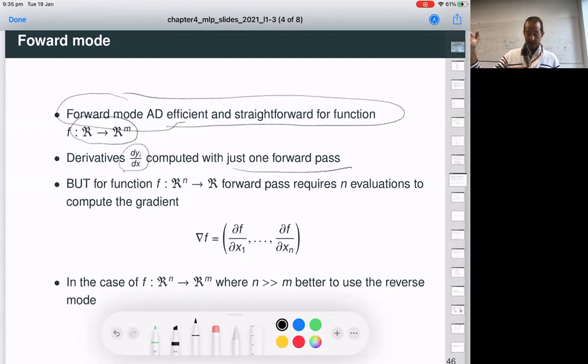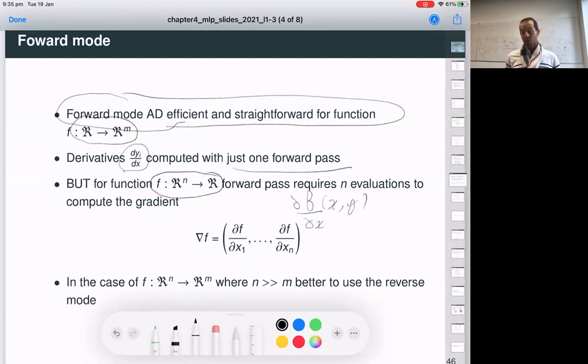It's quite nice. But the trouble is, if you have a function which goes from Rn to R, you have seen that we have done one forward pass, but we managed to compute just the derivative of f in comparison to x.